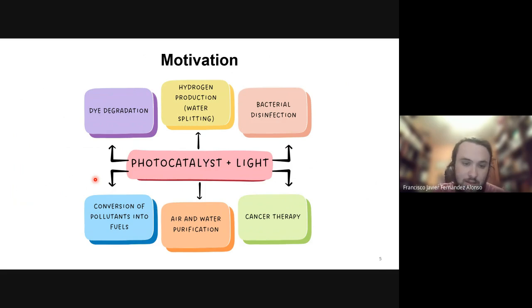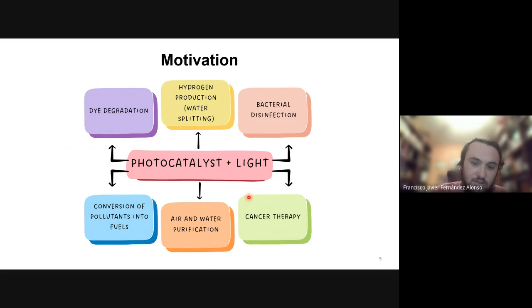Well, maybe we all know, but photocatalytic materials are materials in which, by absorbing photons with enough energy, they can notably enhance certain chemical reactions, essentially by starting free radical mechanisms. They have multiple applications that go from dye degradation, hydrogen production from water splitting, bacterial disinfection, conversion of pollutants into fuels, air and water purification, or even cancer therapy.